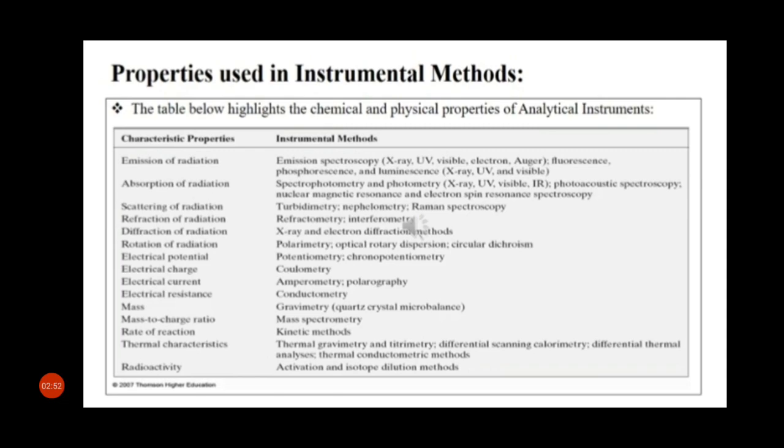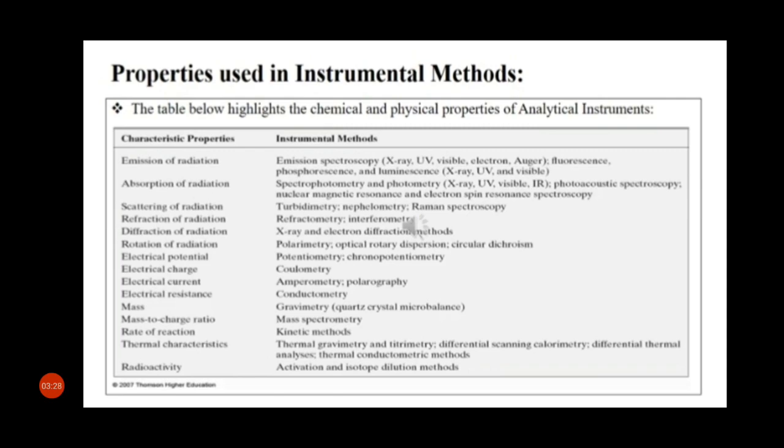For mass, we use gravimetry. Mass to charge ratio, we use mass spectrometry. Rate of reaction, we use kinetic methods. Thermal characteristics, we use thermogravimetry and thermal titrimetry, differential scanning calorimetry, differential thermal analysis, thermal conductometric methods.